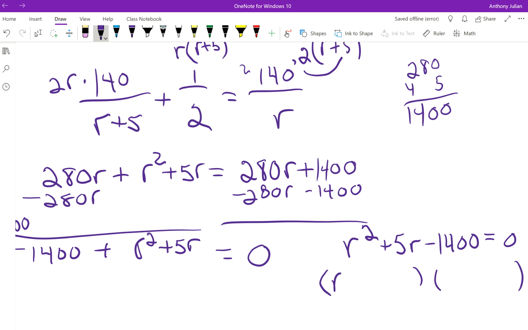I got an r here and an r here, plus, minus. So what are two factors of 1400 that subtract to give you a positive 5? How about 40 and 35?